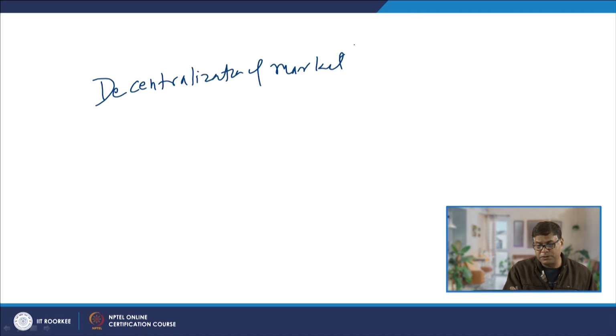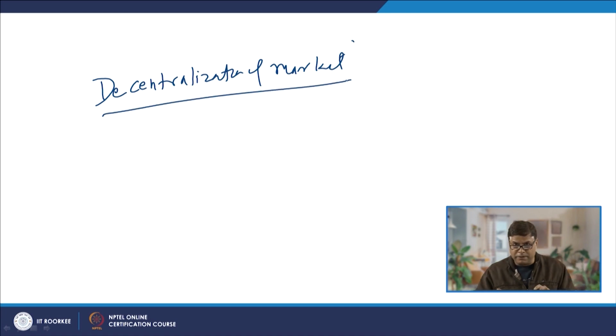The second factor, apart from the expansion, is the decentralization of the market. It is possible that the kind of the demand of the product which was localized in a very specific area has grown over a period of time, and the demand has become widely scattered.